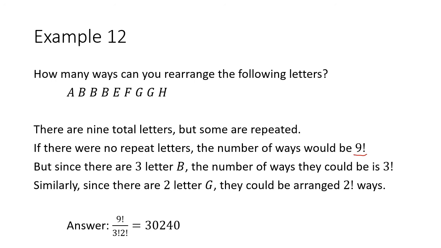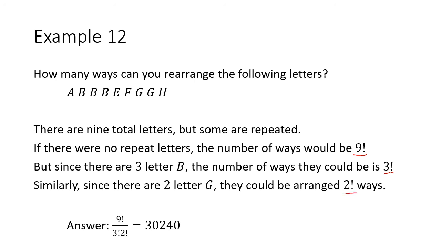Now, however, the letters B and G are repeated, and there are different ways we could arrange those too. There are 3 B's, so the ways we could arrange those would be 3 factorial. The letter G shows up twice, so there's 2 factorial ways to arrange those.